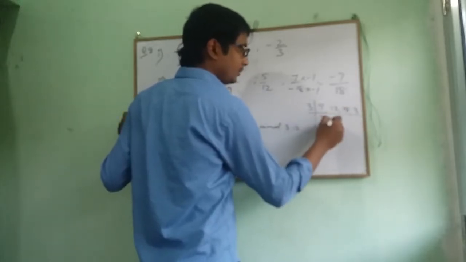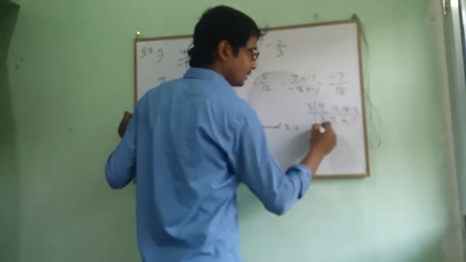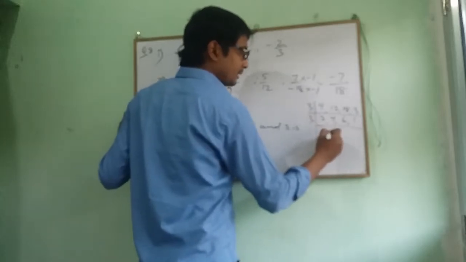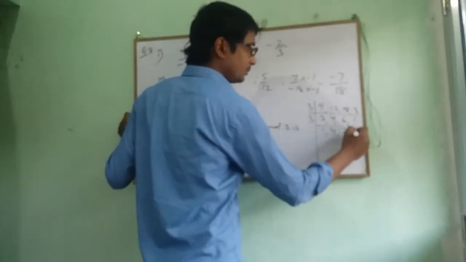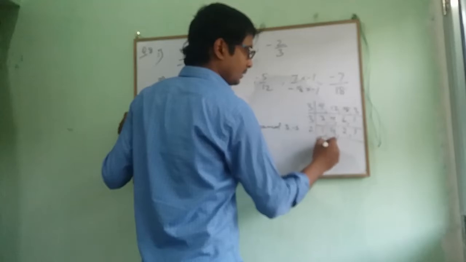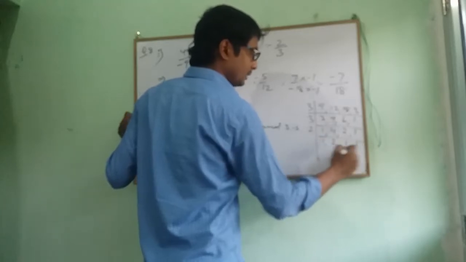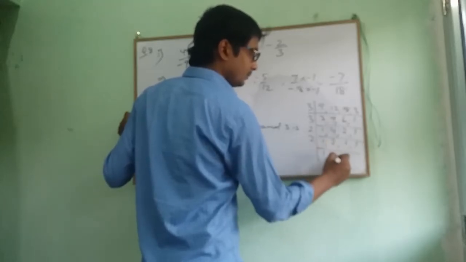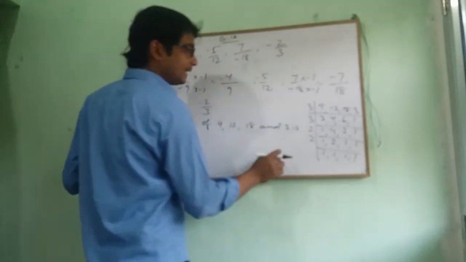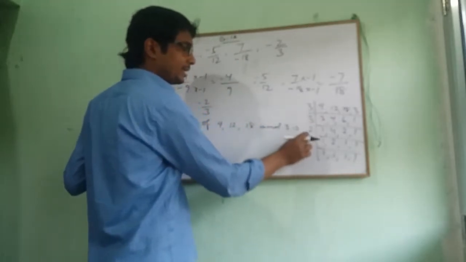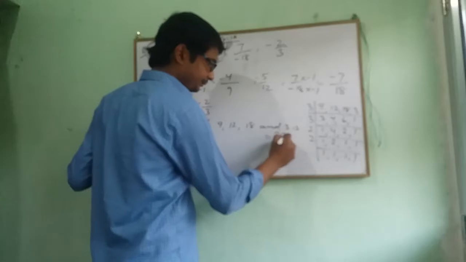So 3 3s are 9, 3 4s are 12, 3 6s are 18, 3 1s are 3. 3 1s are 3, 4, 2, 1. 1, 2, 1, 1, 1. So my LCM is 3 3s are 9, 9 2s are 18, 18 2s are 36.